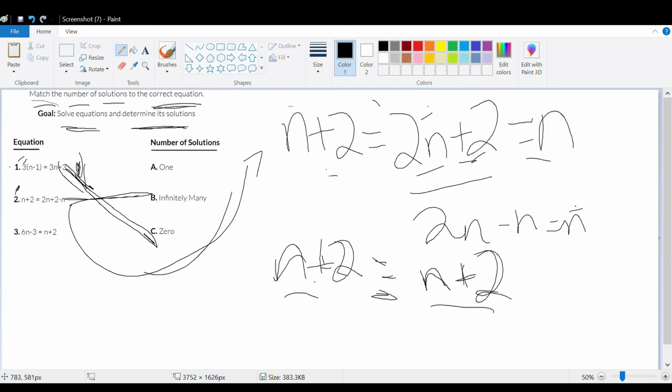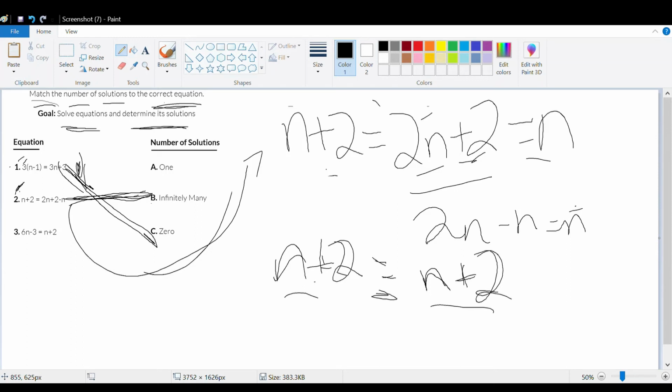It can be 100,000, it can be 1, it can be 6. It doesn't matter because they're basically the exact same equation. So 2 matches up with B.